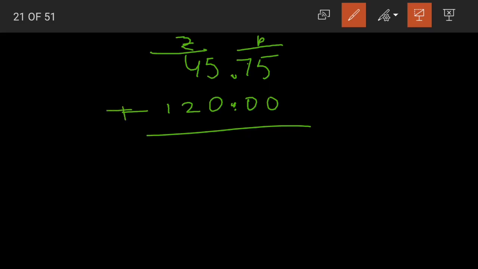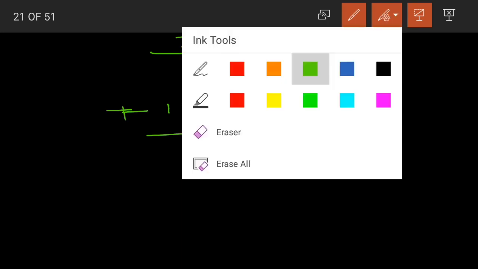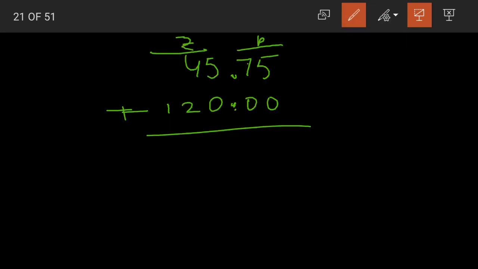Yes, if we add, we'll get the total cost and that much she has to pay. 5 plus 0, 5. 7 plus 0, 7. 5 plus 0, 5. 4 plus 2, 6 and 1. And we should place the point here after 2 digits from the right. So our final answer is 165 rupees and 75 paise.